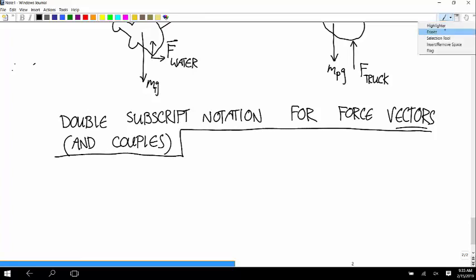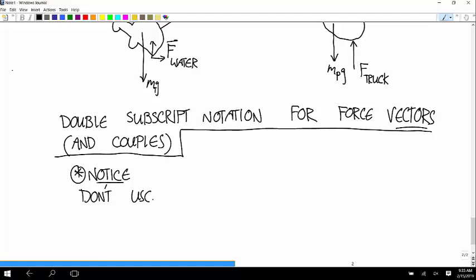So before I do this, notice you don't want to use this for scalar forces associated with known directions.